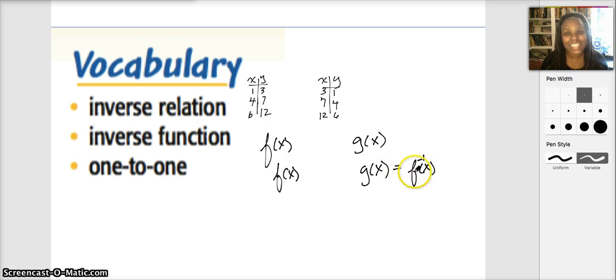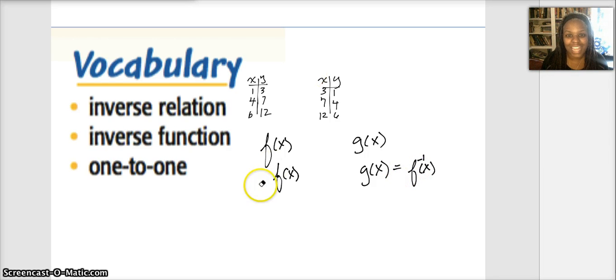That's what this symbol means, f to the negative first power, but it's not to the negative first power. It looks like it, but it's not. This is not 1 over f of x, okay? This is f inverse of x, and if g of x is the inverse of f of x, then this is what it really means, okay?